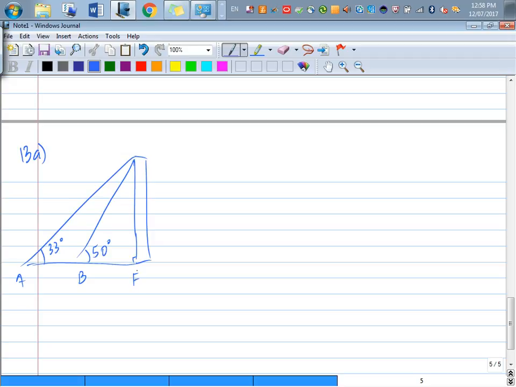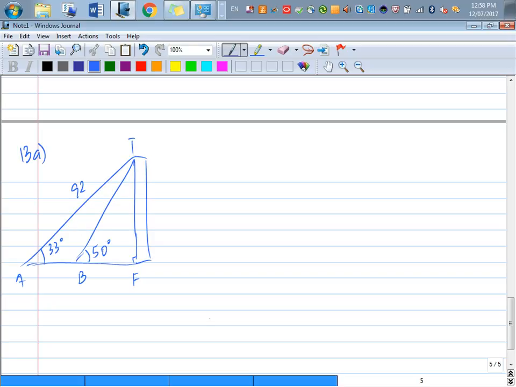Okay, this is point F, point T, and 92 meters. Find the height of the building. Okay, IQ question. How many triangles do you see in this question? Three triangles. Now we want to find the height of the building using trigonometry.